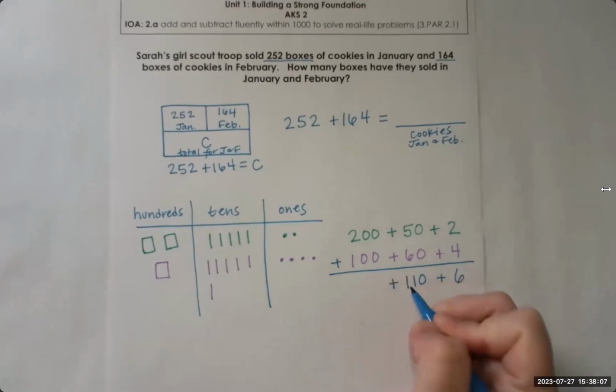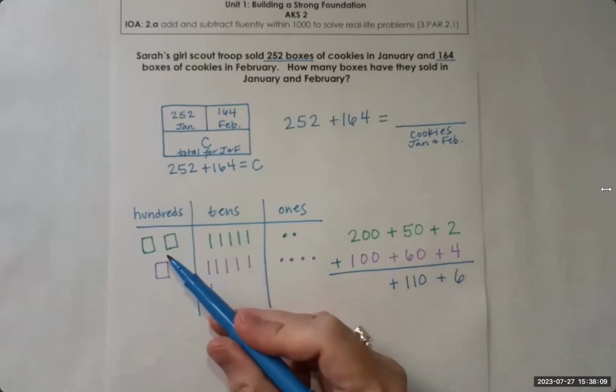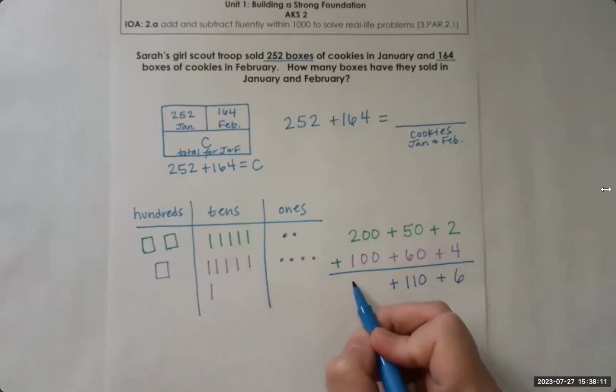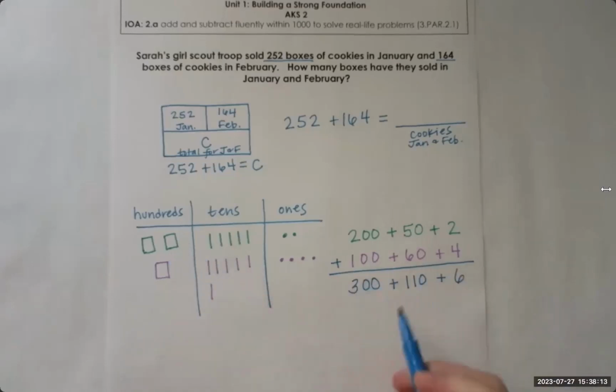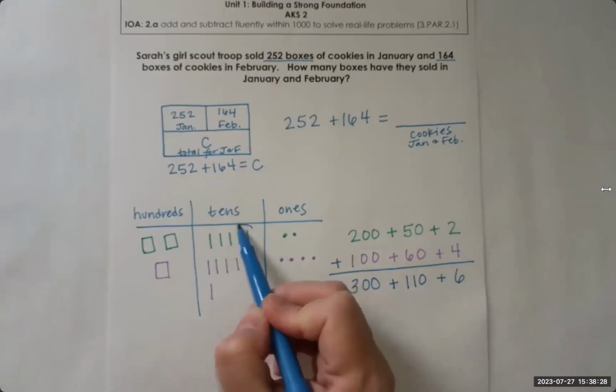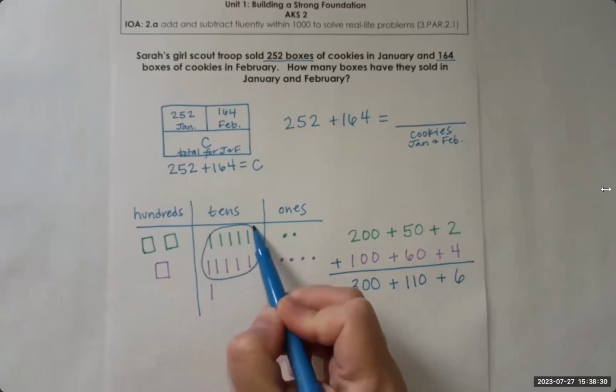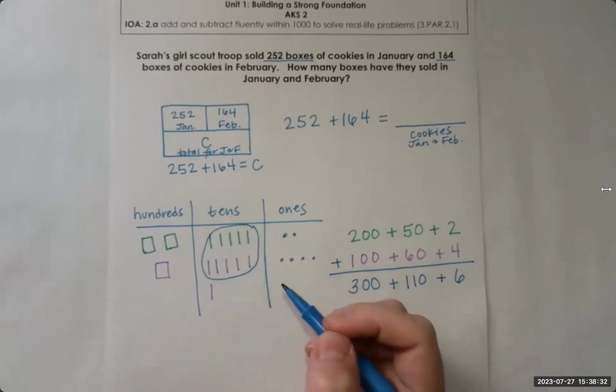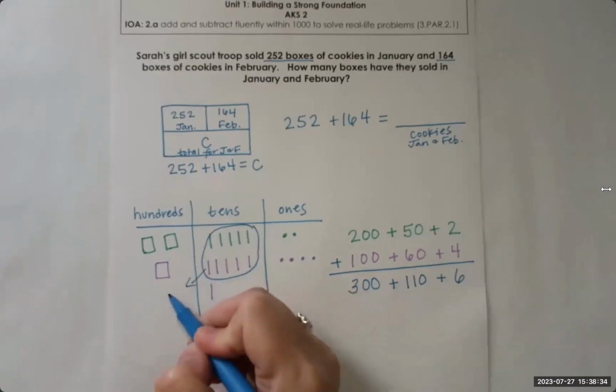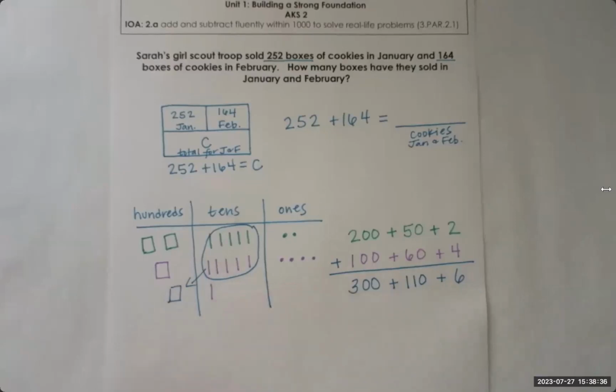All right, and then finally, I'm going to add my hundreds: 100, 200, 300. Typically with our expanded form equations, I can just look at my numbers and know that's my hundreds, that's my tens, that's my ones. But here, I have more than 100 in that place value. So remember over here, these 10 tens is equal to another 100.